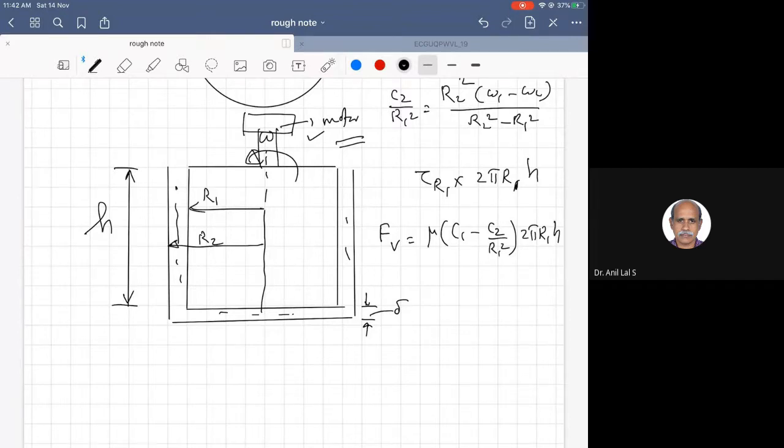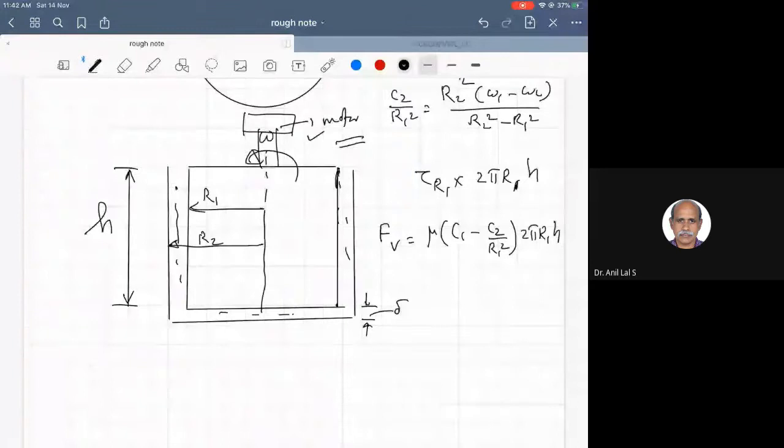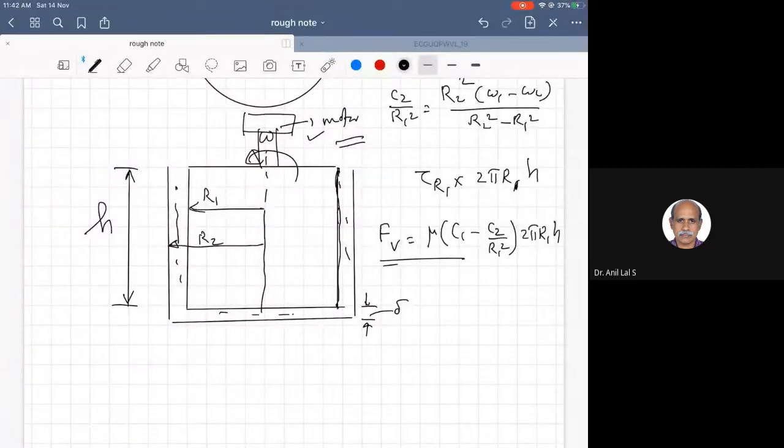The force is the viscous force over this height. That is the periphery of the cylinder, right? There will be a viscous resistance force offered because of the fluid rotation. So that is given by this. And so we can make a measurement of the torque required.